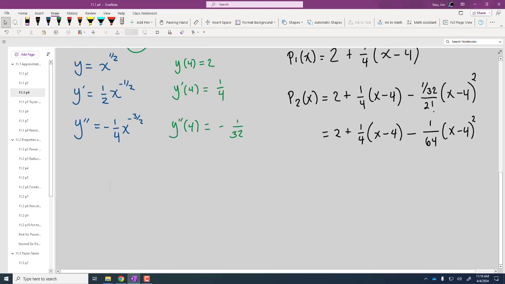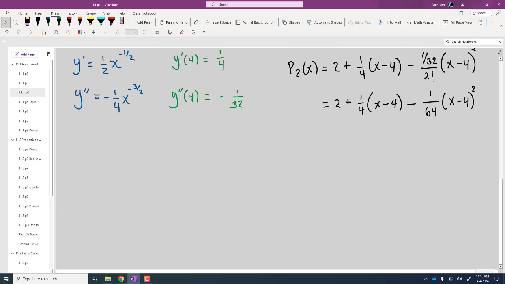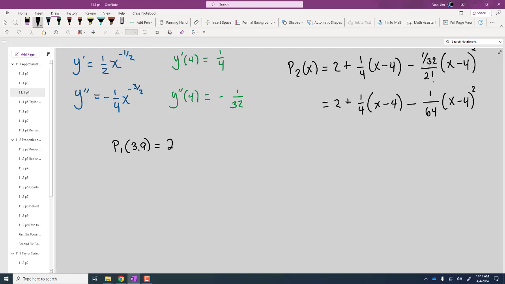So if we want P1 of 3.9, the tangent line approximation, that's going to be 2 plus 1/4 times 3.9 minus 4, so negative 1/10.